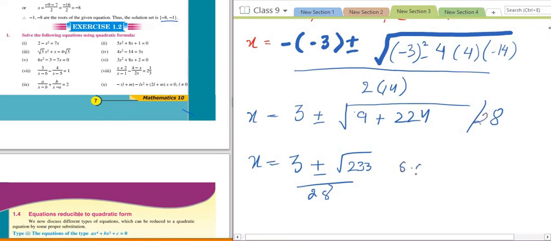Okay, so the solution set is 3 plus minus 233 by 28. Clear?